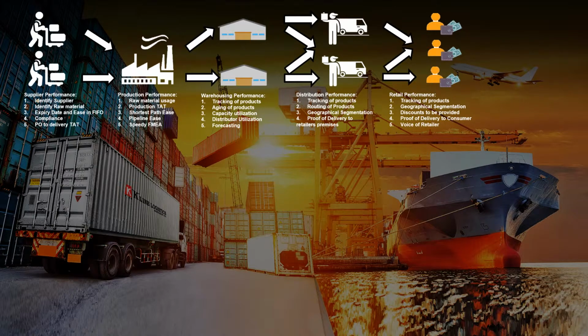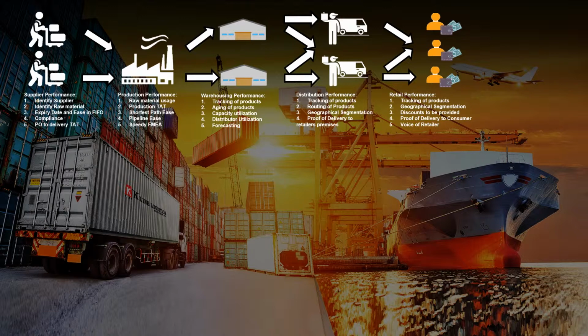Again, at the retail performance, if an organization has a better performance in some location, they can provide discounts to the retailers. On the basis of what should they provide the discounts?